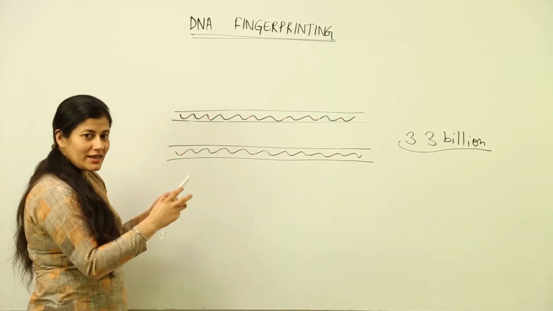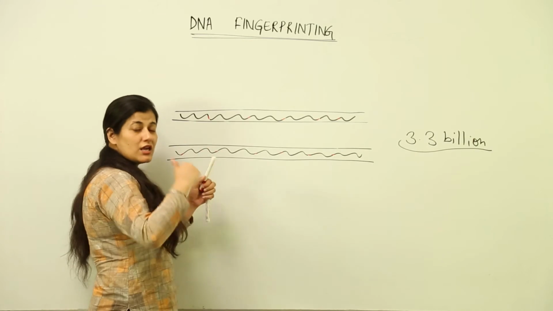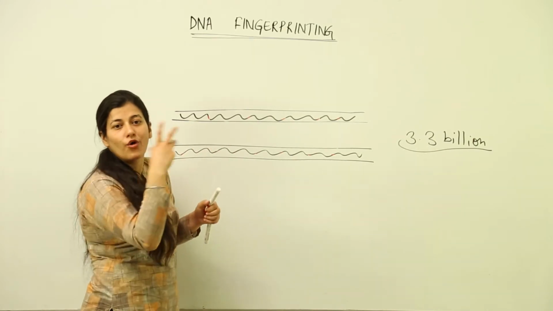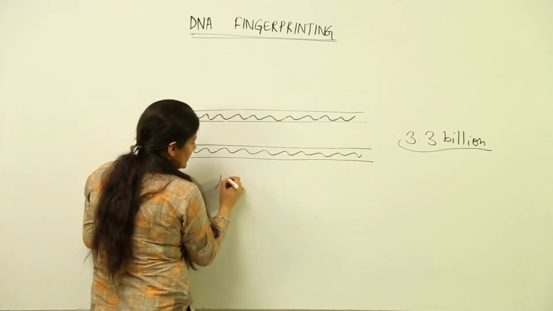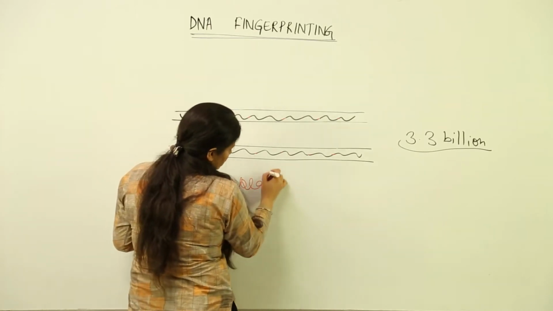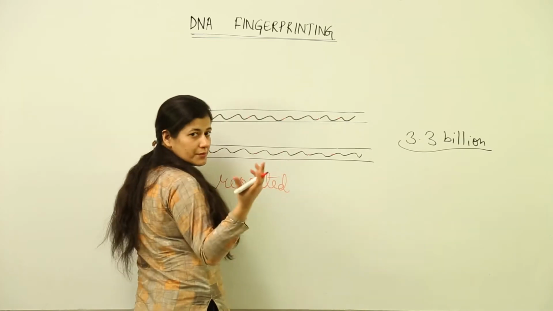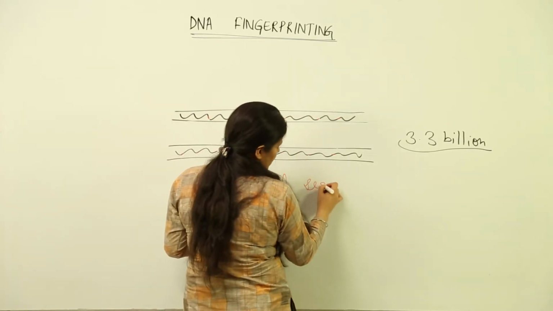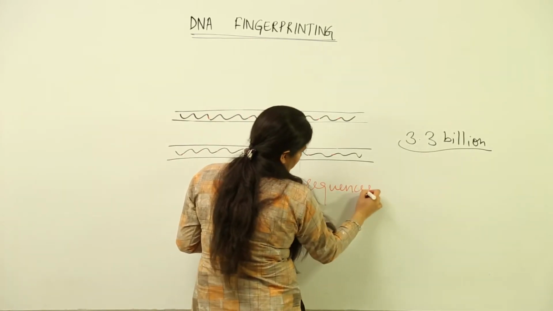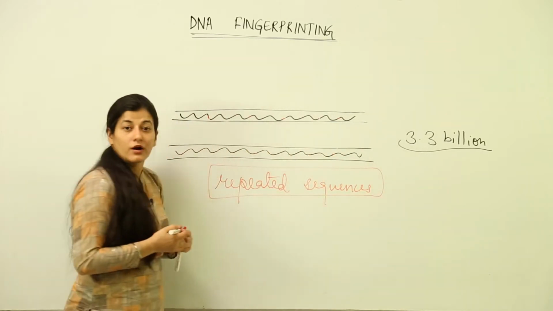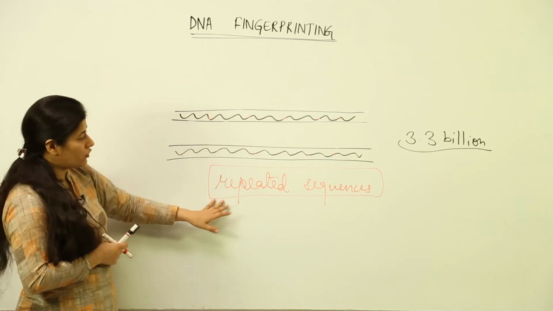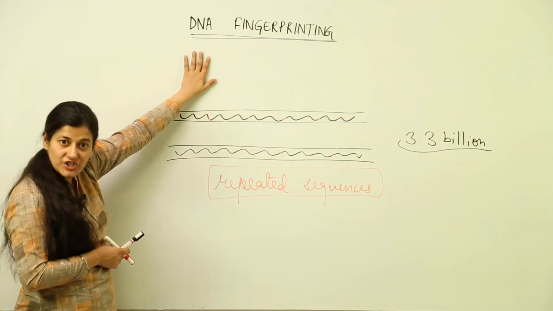So, we see the answer: if we have to trace some similarity or difference, we will find that similarity or difference in the repeated sequences. Most of the part of DNA has repeated sequences, and those repeated sequences will be the place where we are going to find the information and use it for DNA fingerprinting, for matching, okay.